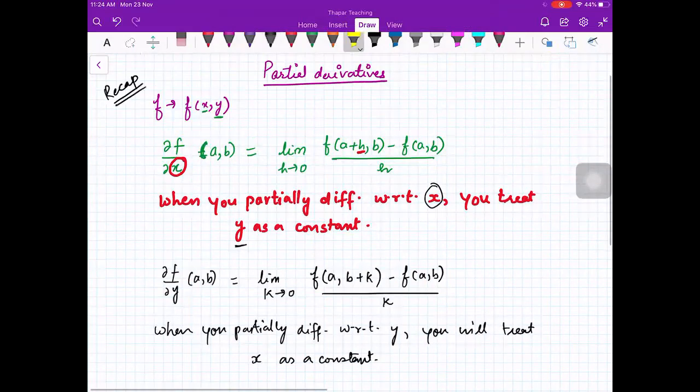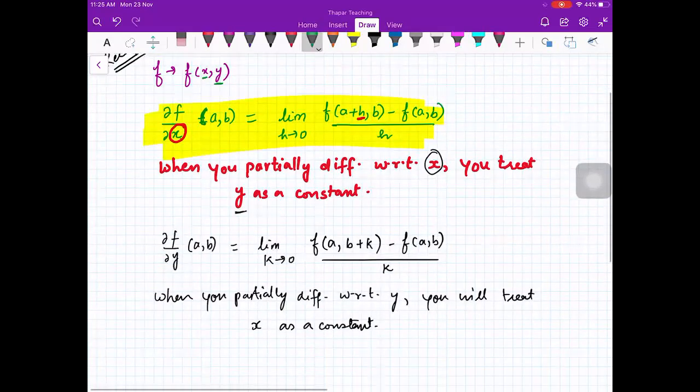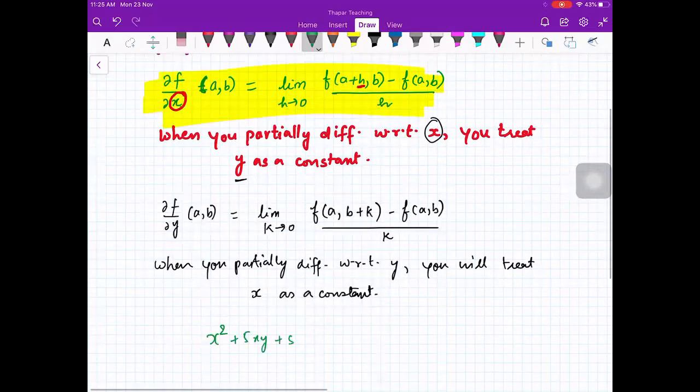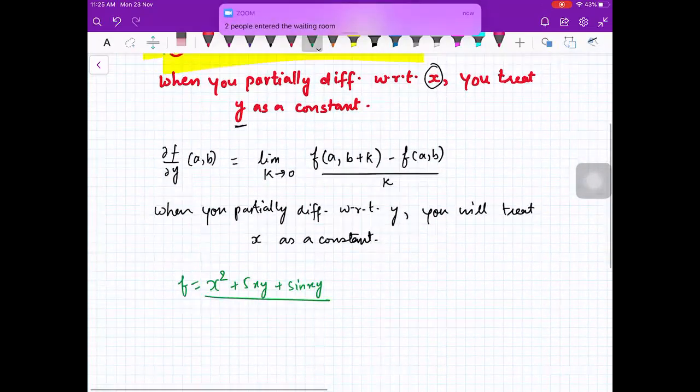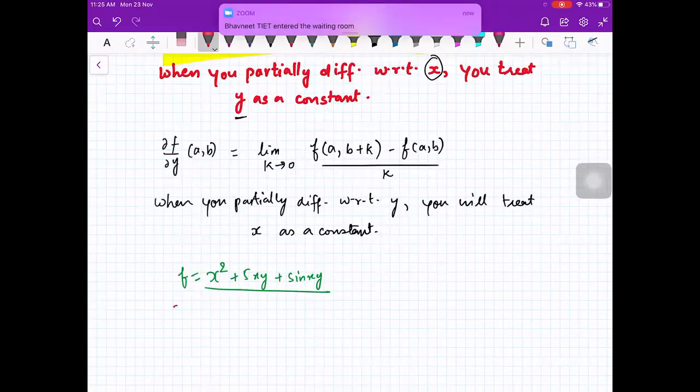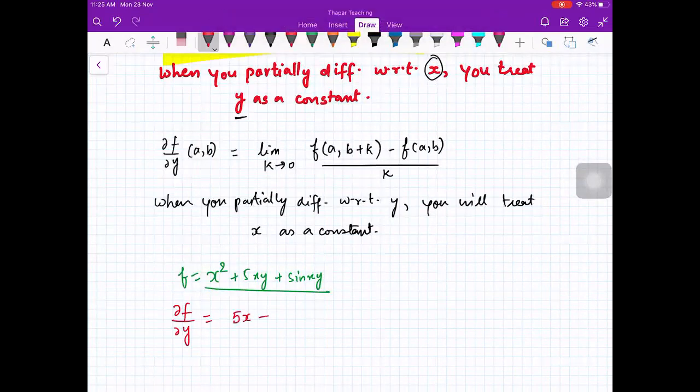We have seen both types of problems, where we computed the partial derivatives using the limit, and also, given a function, say x square plus 5xy plus sine xy, you can simply compute the partial derivatives with respect to x and y. For curly f by curly y, we treat x as a constant, so that will be 5x plus cos xy into x by the chain rule.